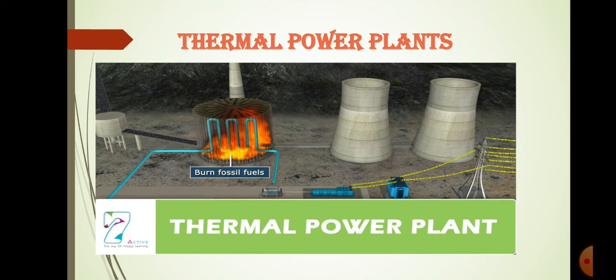The water on exposure to continuous heat will be converted into steam. The steam is used to rotate the turbines, and the turbine is connected to the generator, and hence it generates electricity.